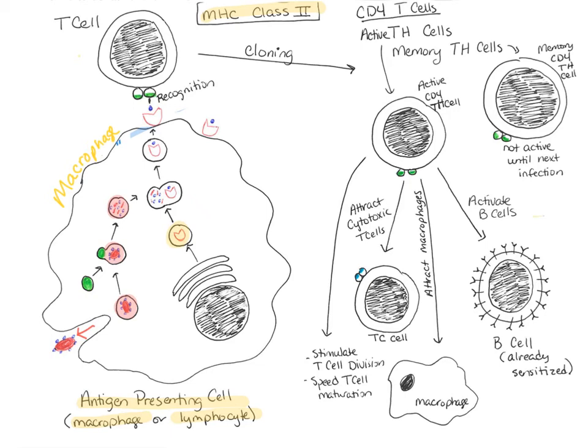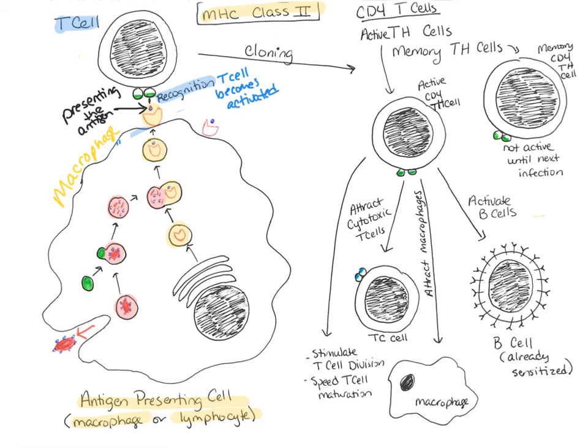And then the MHC class 2 protein will present that antigen on the surface of the macrophage. So here we see it presenting it on the surface of the macrophage. Now here's a T cell that recognizes that and will become activated.